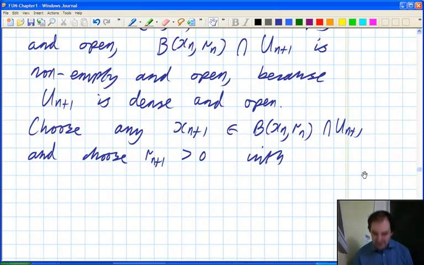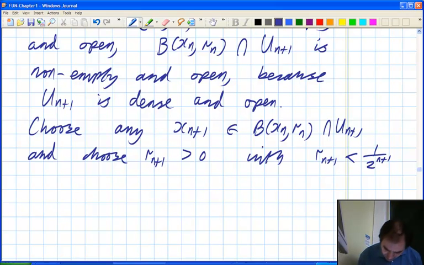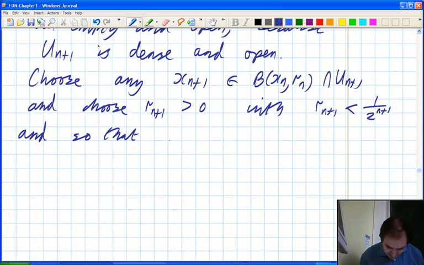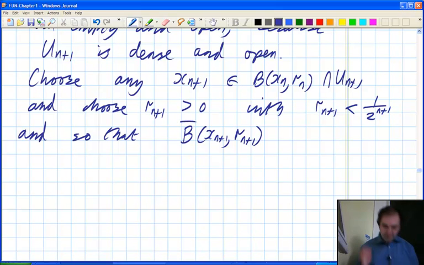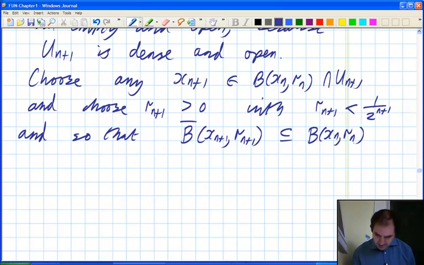It doesn't really matter how tough you are. As long as you've got something tending to 0, that's the main thing. With Rn plus 1 at most 1 over 2 to the n plus 1. And so that, similar to before, the closed ball centred on xn plus 1, radius Rn plus 1, is to be contained in that intersection: the open ball xn, Rn, intersected with Un plus 1.